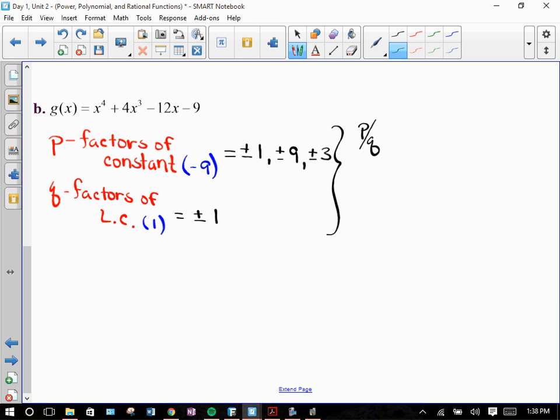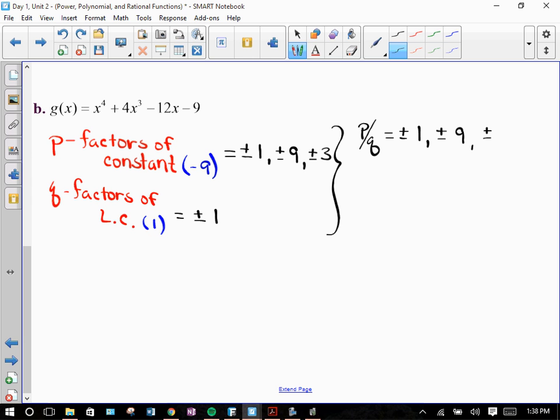So it's plus or minus 1 divided by plus or minus 1, which is plus or minus 1. What about plus or minus 9 divided by plus or minus 1? Plus or minus 9. And finally, plus or minus 3 divided by plus or minus 1.